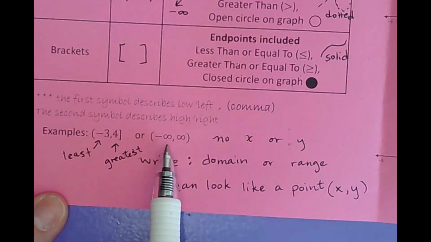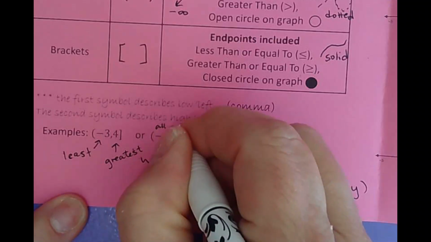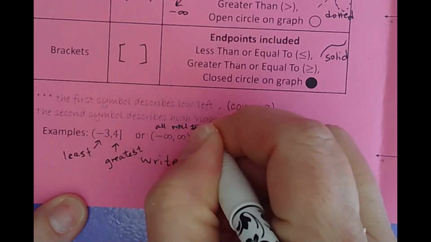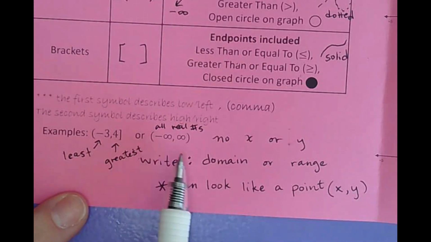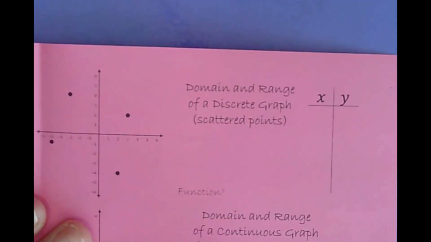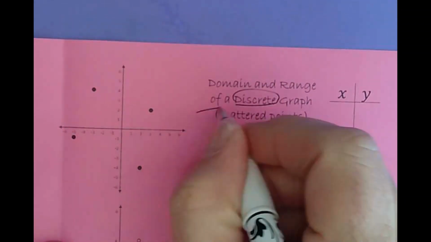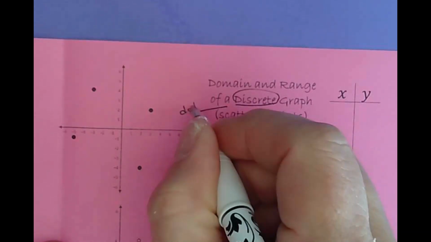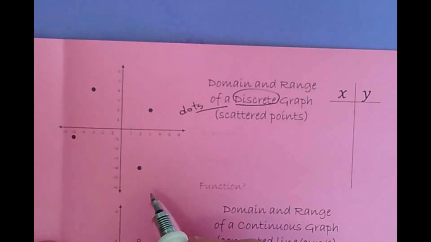This is how we would write all real numbers. If it continues negative for infinity and positive for infinity, that's all real numbers. Make a note for yourself that if you have a discrete graph, which is made of dots, you can only use set notation. You can't use interval notation.